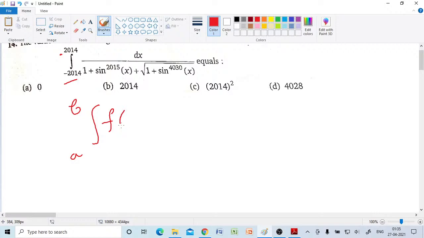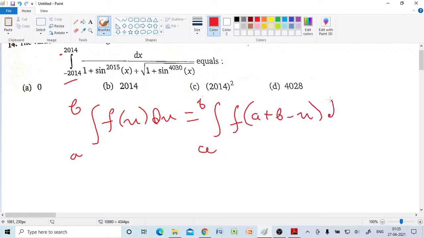If we have something like this, then by King's rule, this is what we call King's rule. So we can try this out.